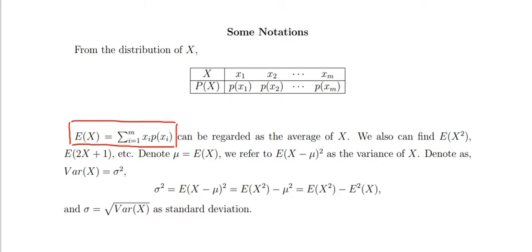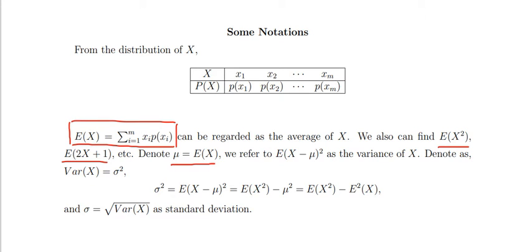So the average for x is this. Then we can have the average for x squared, or the average for anything. Okay, so we denote this average of x as mu.